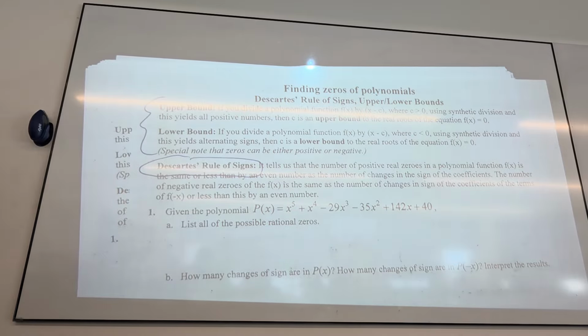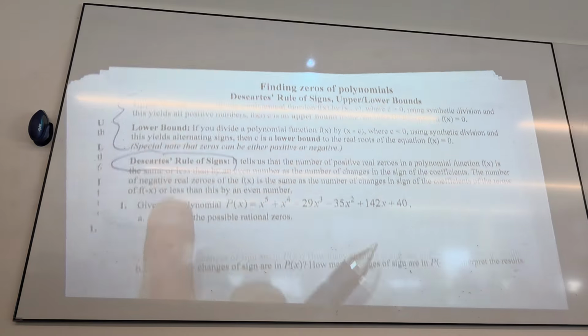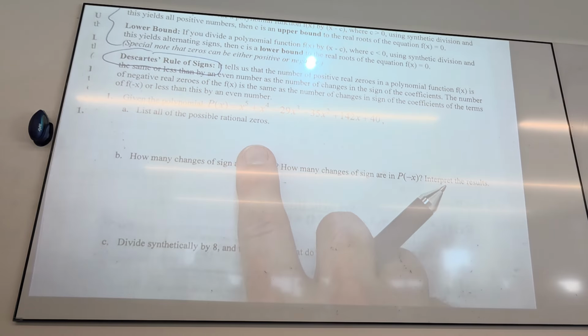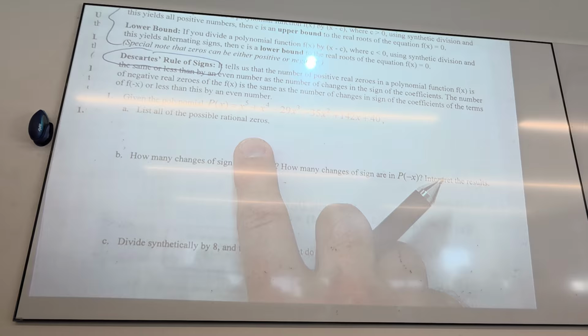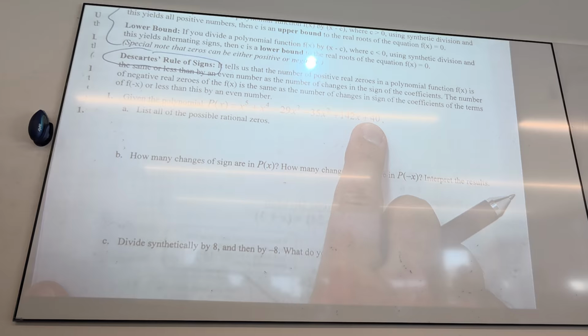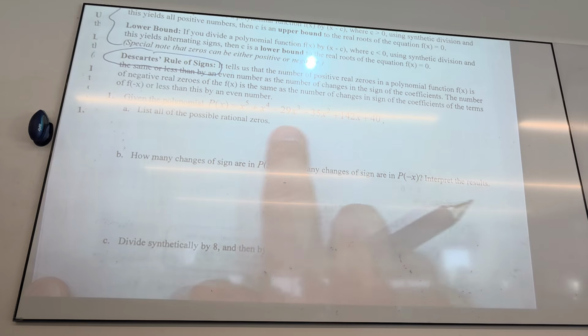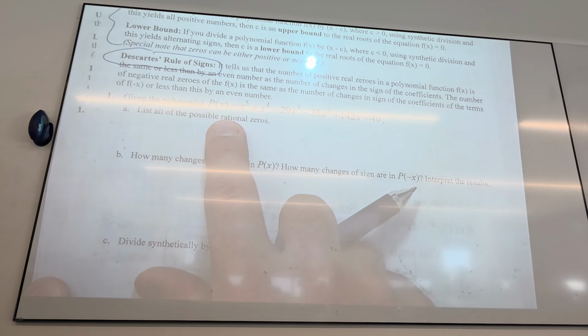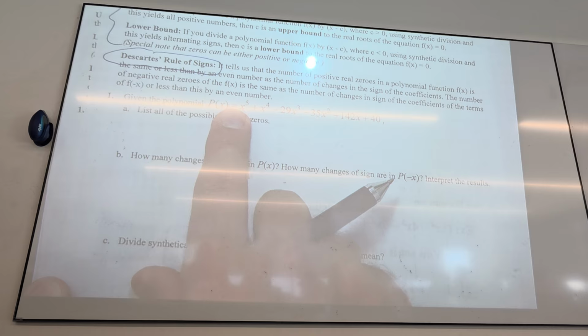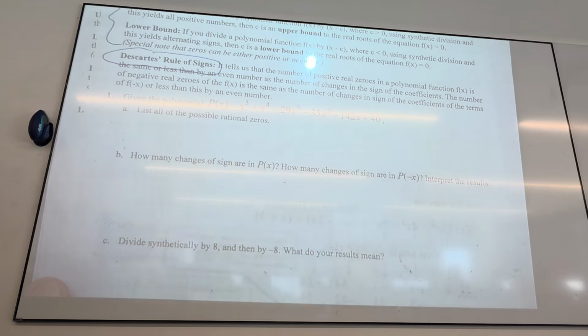Before we talk about these, let's build up to that. What are all the possible rational zeros for this polynomial? What's kind of nice about this polynomial for making this list? No A coefficient. Good. There's just a 1 out front, so I'm not going to have any possible fractional rational answers.